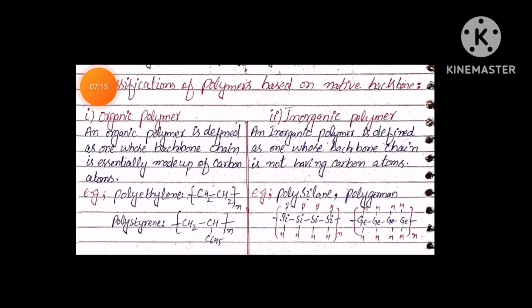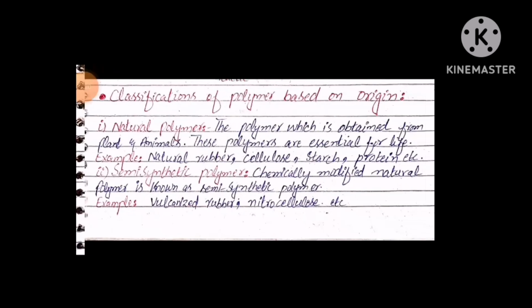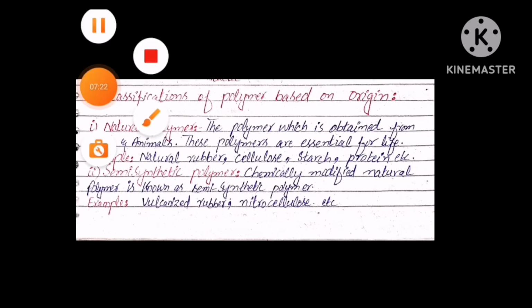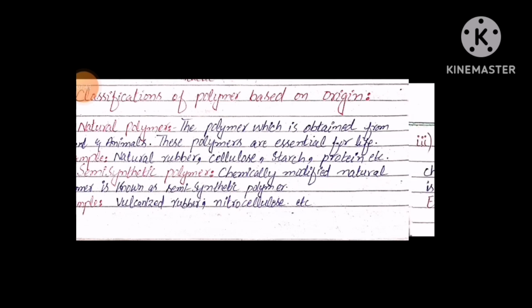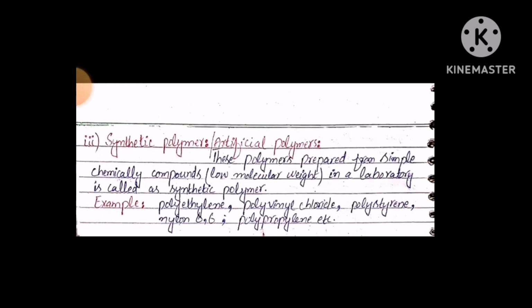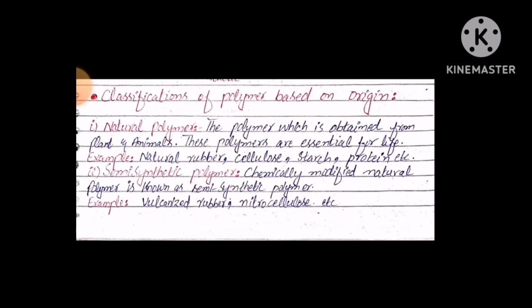So, students, we will move towards another classification: classification of polymers based on origin. On the basis of origin, polymers can be classified into three classes: natural polymer, semi-synthetic polymer, and synthetic or artificial polymer.